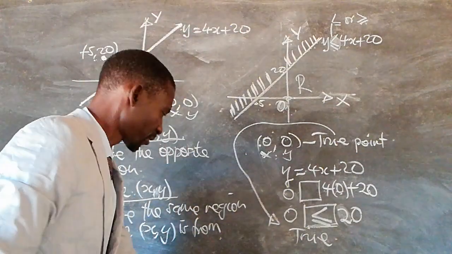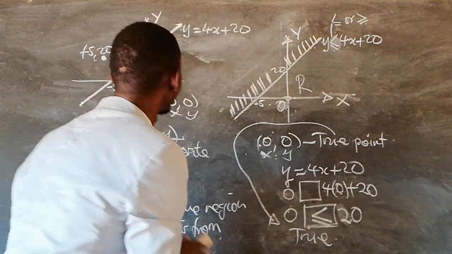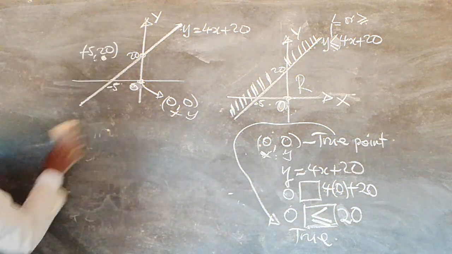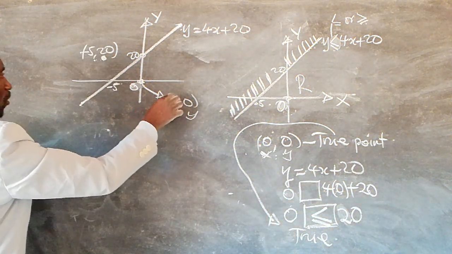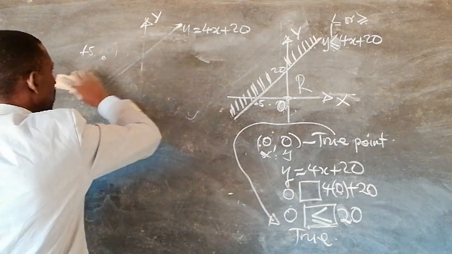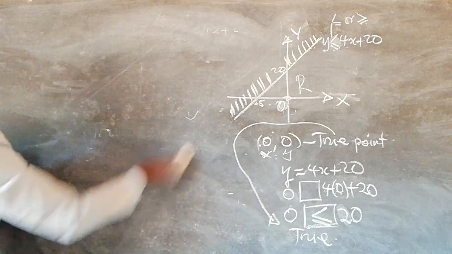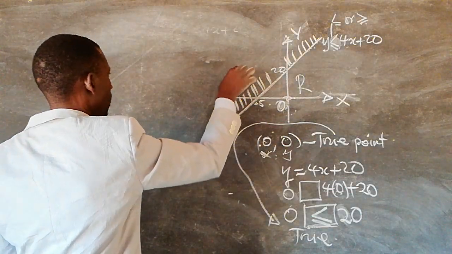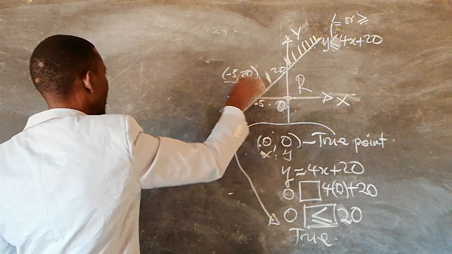I'm sure that is understood. On the other hand, one may think of using a point which is not 0, but using a point from this side, which can be maybe -5, 20 from the shaded region.